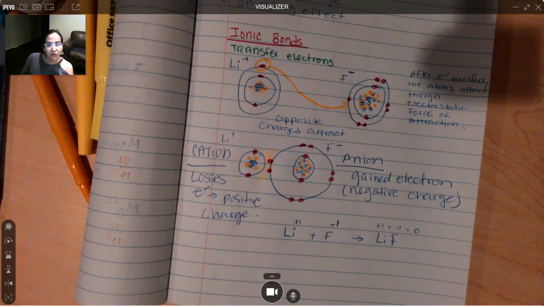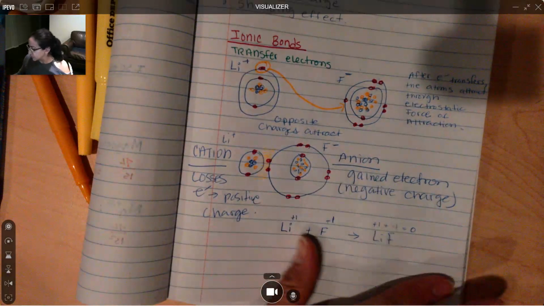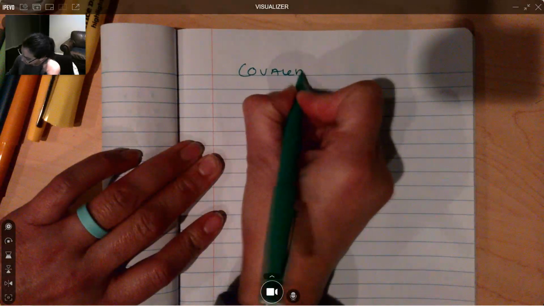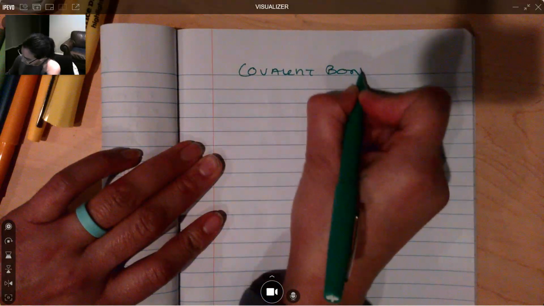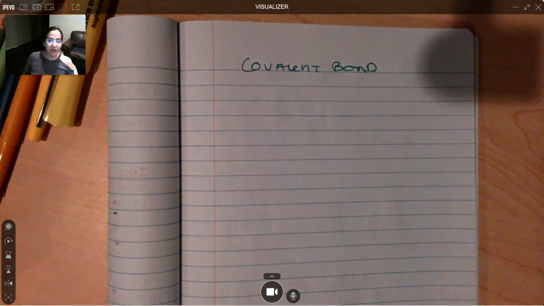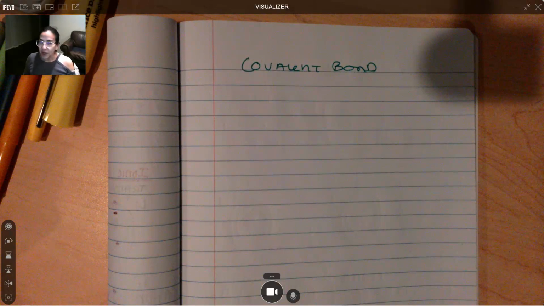All right, so covalent bond. A covalent bond is different from an ionic bond in the fact that it doesn't transfer electrons.